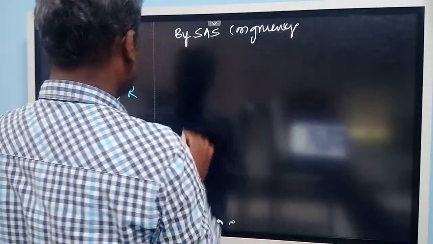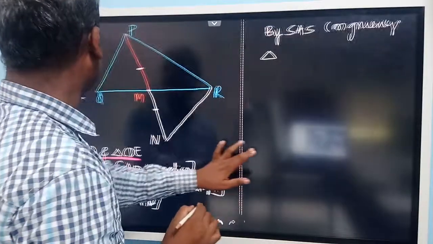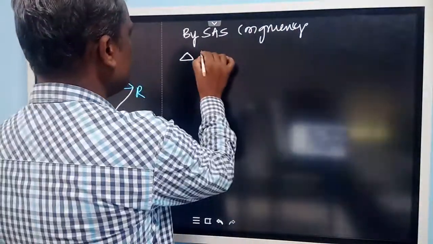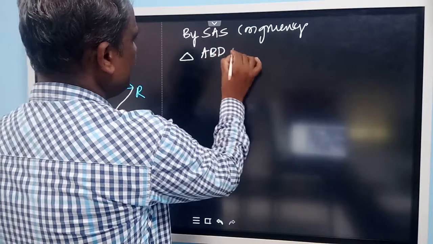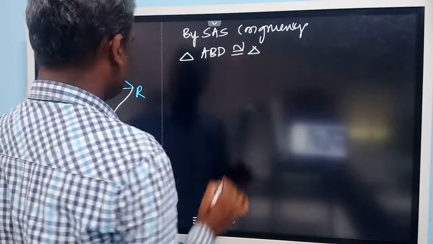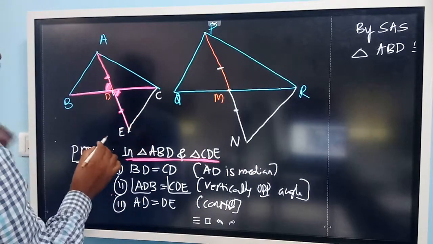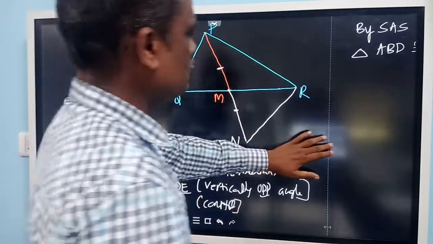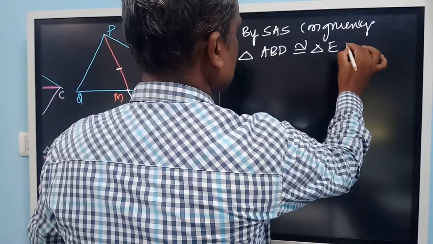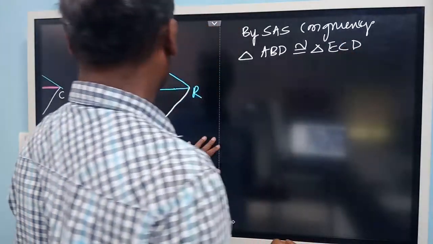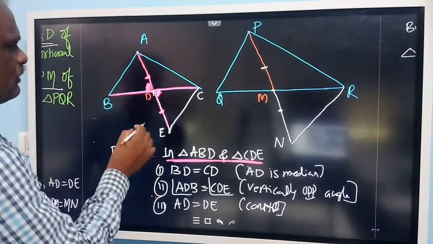So you can write triangle ABD is congruent to triangle ECD. What are the triangles congruent? For A, it is E, C, D. So respectively you are writing in order.